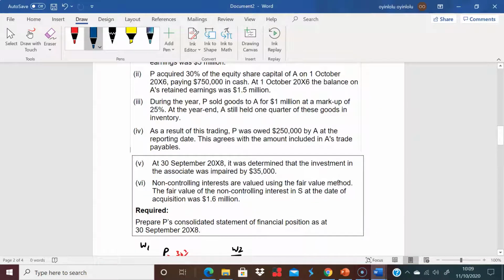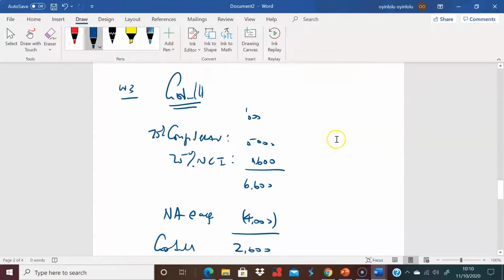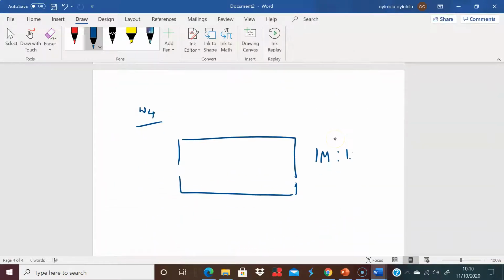So 1 million is technically the equivalent of 1.25 or 125%. So let me find out what the cost is. The cost, of course, is 100%, so if this is 125%, I divide 1 million by 1.25, which tells me that the base cost is 0.8 million.